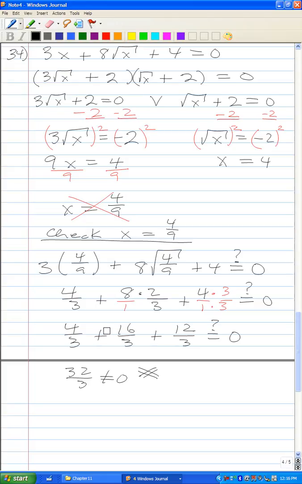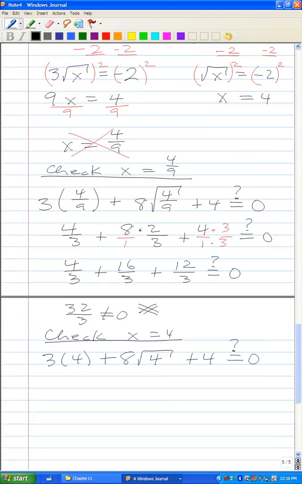But notice that if I would have changed this positive 16 over 3 to negative 16 over 3, I would have gotten 0. Okay, so that's good. Let me check at x equals 4. Is 3x plus 8 radical x plus 4 equal to 0? I don't know. Let's check.